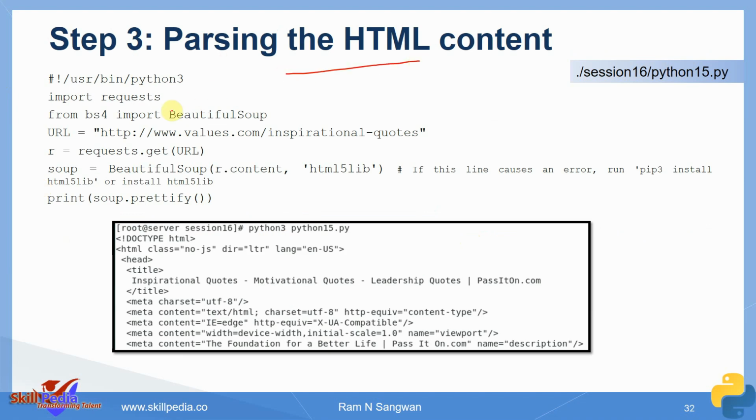For parsing the HTML, we require BeautifulSoup, and then we use the html5lib library. So BeautifulSoup, content, html5lib, and we got properly indented and properly parsed data from our page.